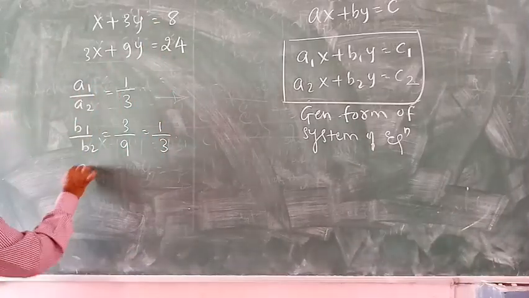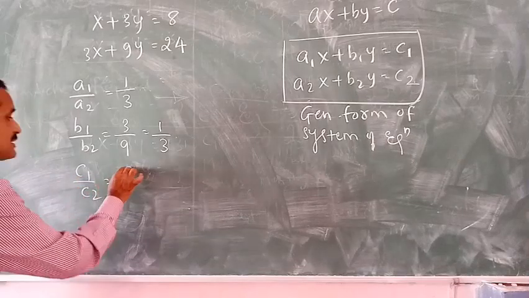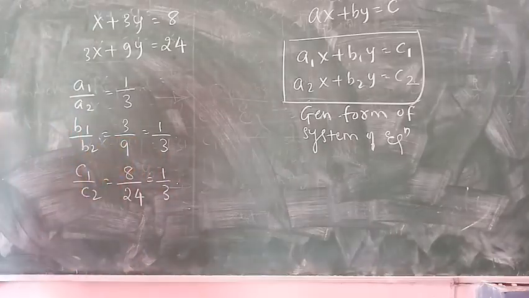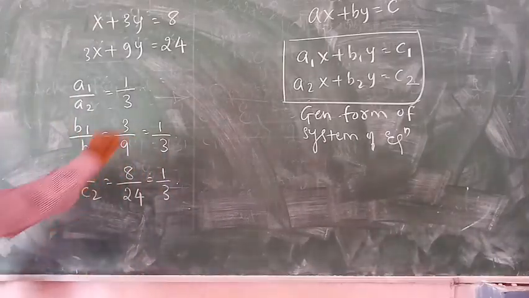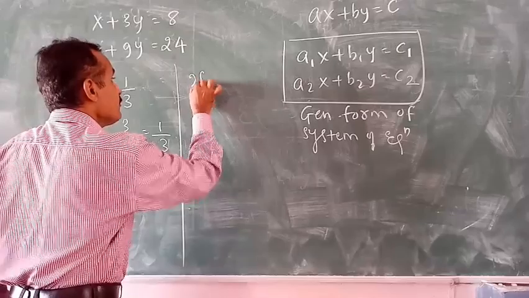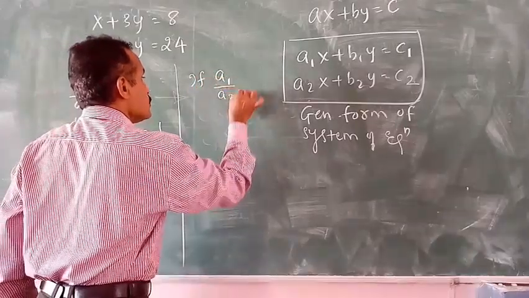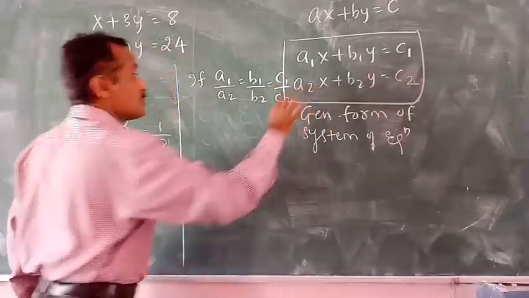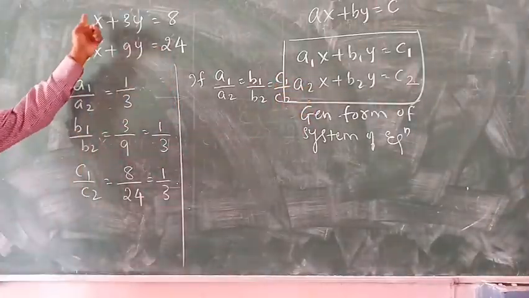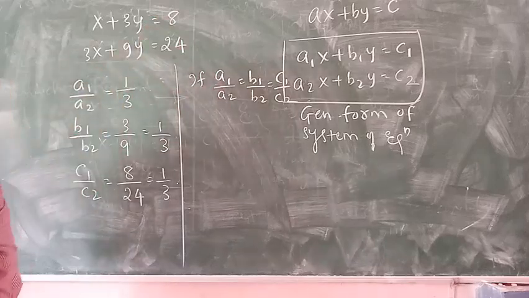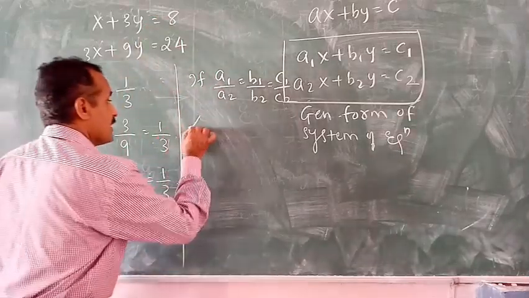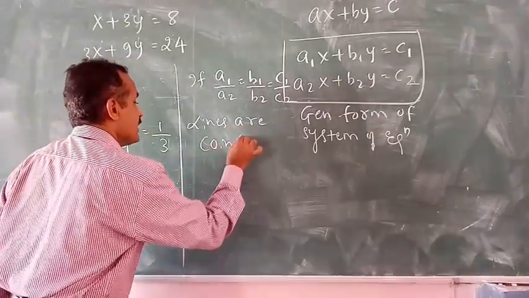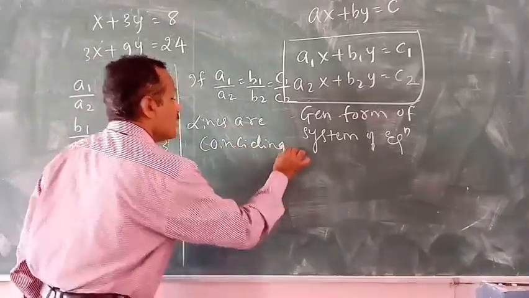Then c1 by c2 is 8 by 24, and the answer is again 1 by 3. So if a1 by a2 equals b1 by b2 equals c1 by c2, if all three are equal to each other, then definitely we can say the lines are coinciding.